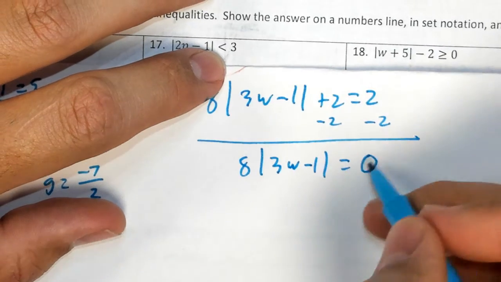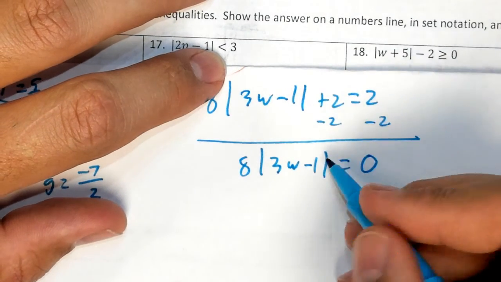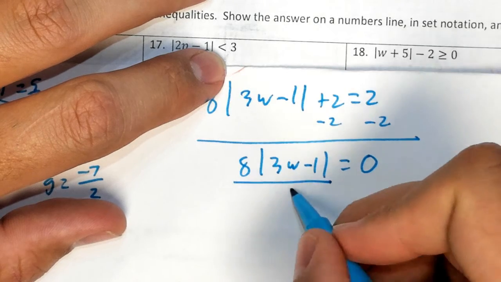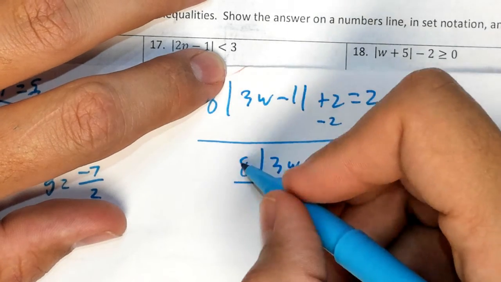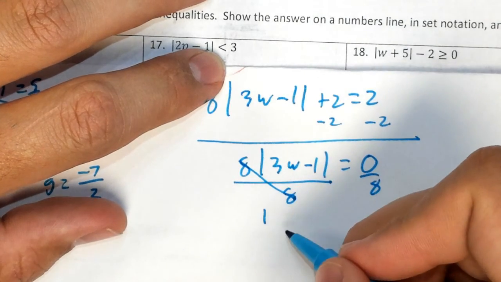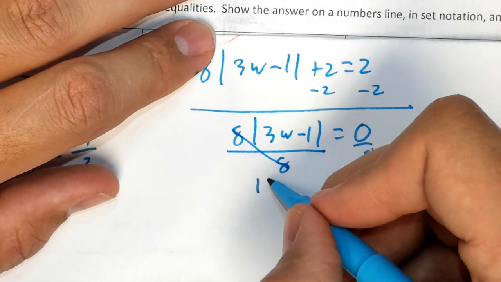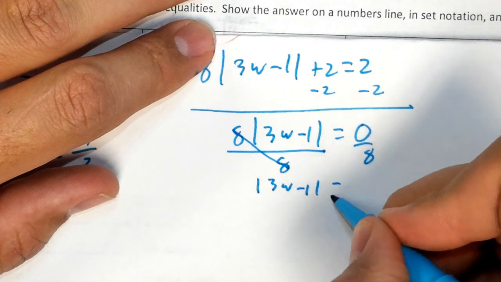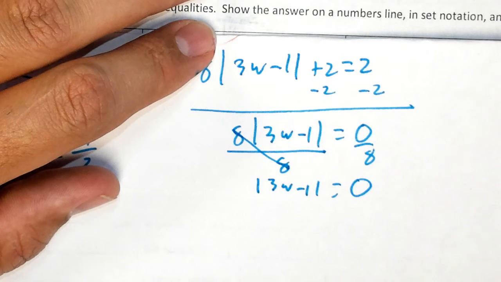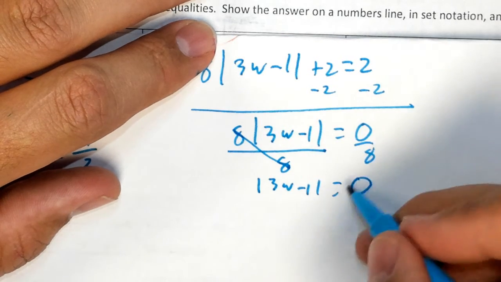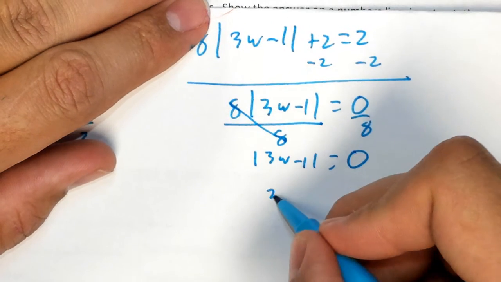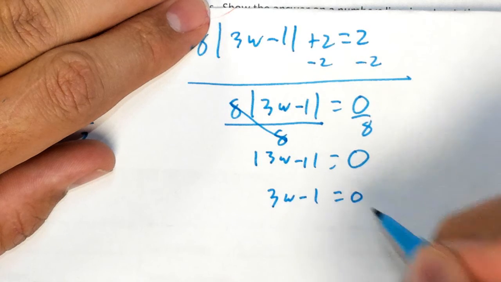Then, since that's 0, things are a little bit different, but I'll still follow the steps. Divide by 8, divide by 8. 8's cancel. Absolute value of 3w minus 1 equals 0 divided by 8 is 0. So I can only split this one way. So 3w minus 1 equals 0.